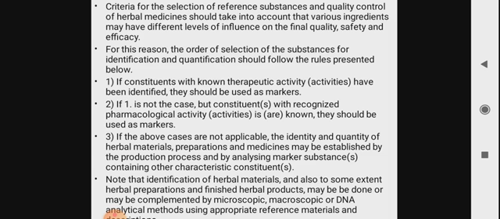If the above cases are not applicable, the identity and quantity of herbal materials, preparations and medicines may be established by the production process and by analyzing marker substances containing other characteristic constituents. If we don't know the use or the therapeutic activity of the chemical constituents, we can establish the pattern of chemical constituents.